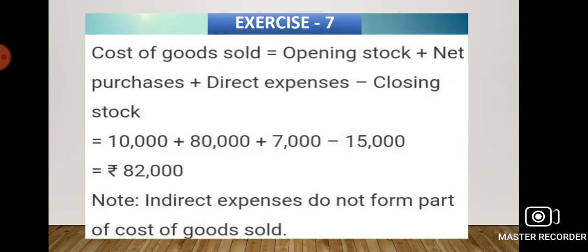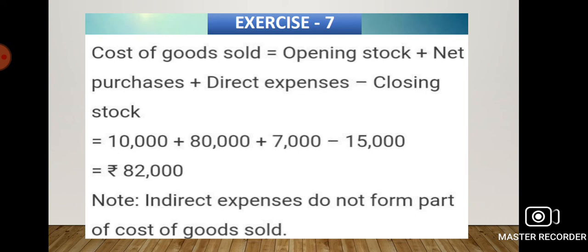Then next we can see question number 7. Compute cost of goods sold from the following information. Opening stock 10,000, purchases 80,000, direct expenses 7,000, indirect expenses 5,000, closing stock 15,000. So in this problem, find out the cost of goods sold value. Cost of goods sold means opening stock plus net purchases plus direct expenses minus closing stock.